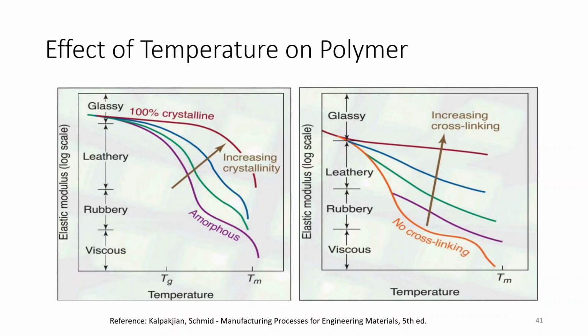Next is effect of temperature on polymer. As you can see, if you are increasing your material's temperature, your elastic modulus will keep on reducing.